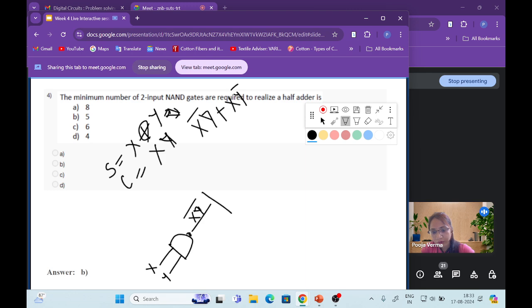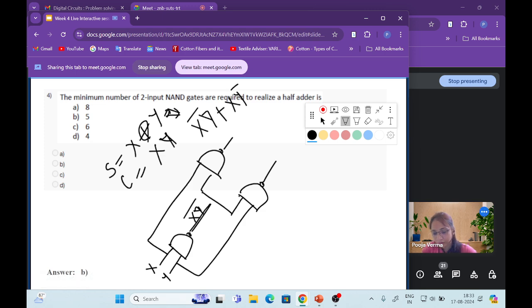Now what we can do: we give one input to x, and one input is connected to the next two NAND gates from xy bar, and one is x from x and another one is from y.